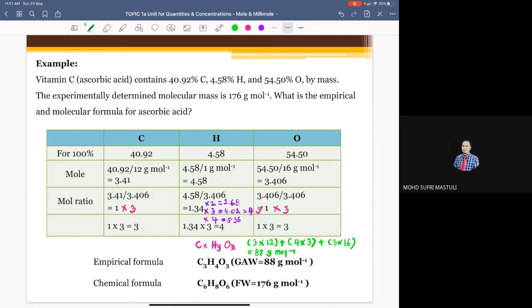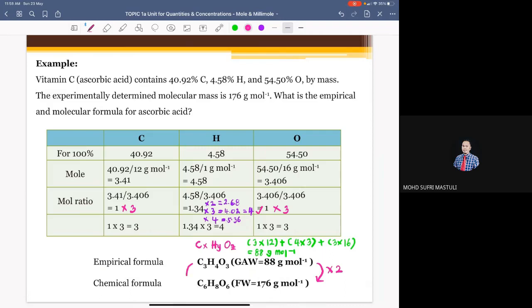In the question you are given the molecular mass of ascorbic acid determined experimentally, which is 176 gram per mole. In order to get 176 gram per mole, the molecular mass of the empirical formula has to be multiplied by 2. 88 multiplied by 2 gives 176 gram per mole.